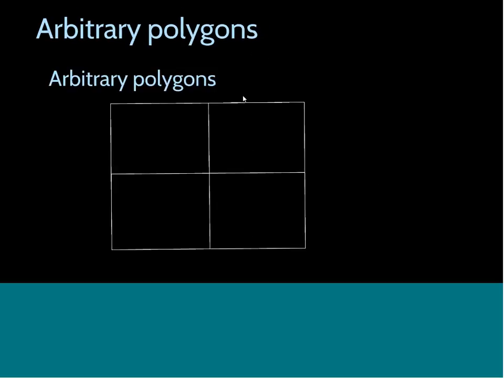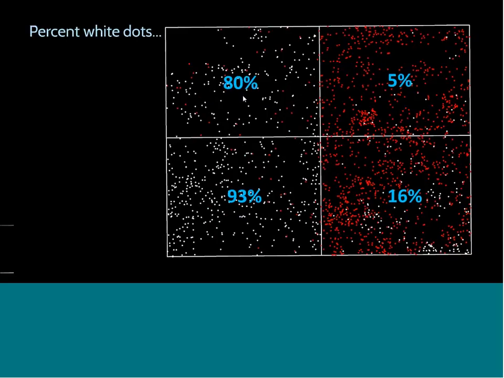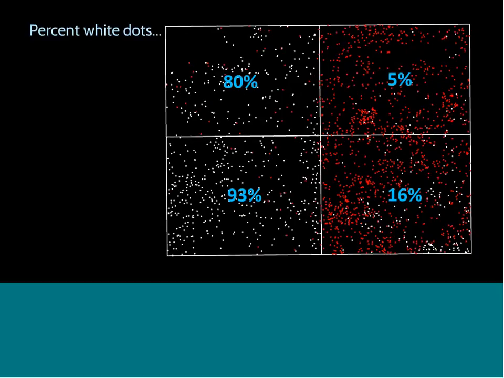So let's take an example just to show you what can be done with this issue of modifiable area units. Here's a bunch of white dots and red dots that are scattered across the landscape. Let's say these are actual households. And if we draw 4 boxes and we count up the percent of red dots versus white dots in each one, we get 5% white dots in the upper right, and in the upper left it's 80% white dots.